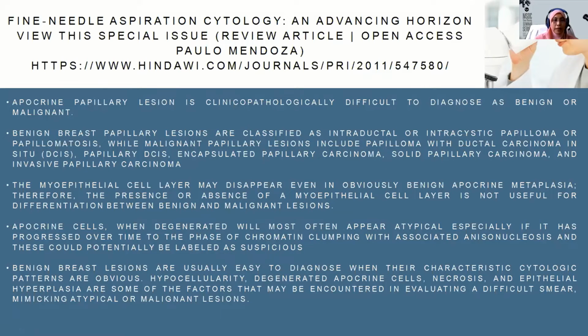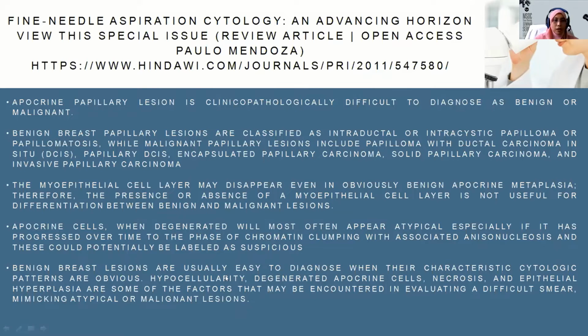The myoepithelial cell layer may disappear even in obviously benign apocrine metaplasia. Therefore, the presence or absence of a myoepithelial cell layer is not useful for differentiating between benign and malignant lesions. In this case, I can't show in the slides just now, there are some smaller clusters of apocrine cells without myoepithelial cells present. So sometimes it's quite difficult to say whether this is malignant or not.